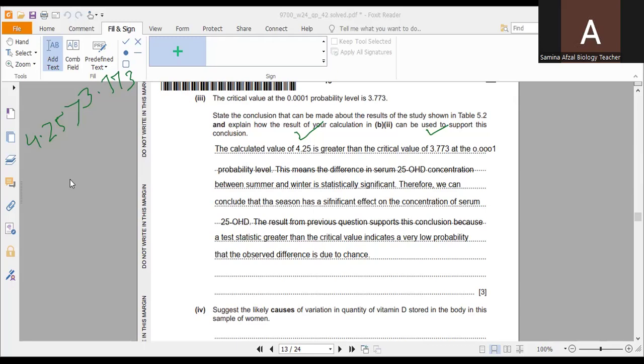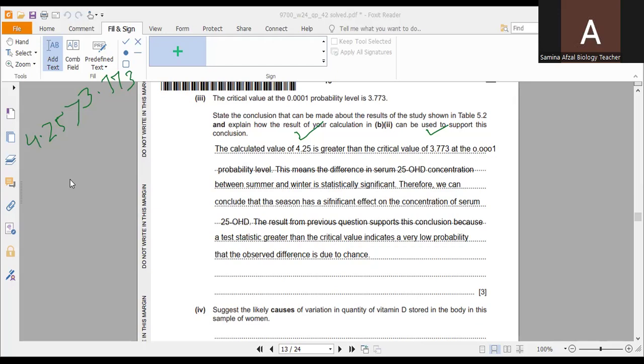So it defines the rejection region. If the test statistic falls into this region, that is more extreme than the critical value, we reject the null hypothesis. The critical value is determined by the significance level of the test. In this case, the probability level of 0.001 can be considered a very stringent significance level.